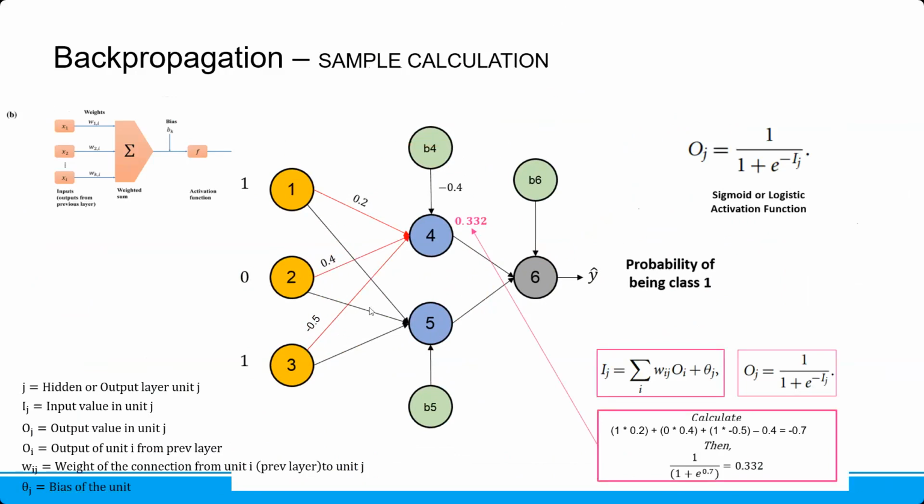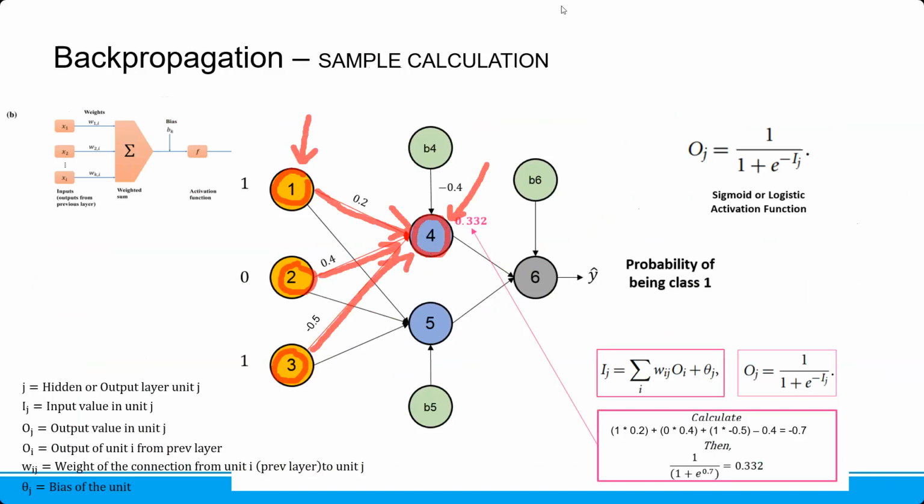The first step is to calculate on every one of these nodes. Now let's just use the first one. We will start from this and we want to check what is the result in the node number 4. The node number 4, it means we need to calculate the weight from 1 to 4, weight from 2 to 4, and then weight from 3 to 4.